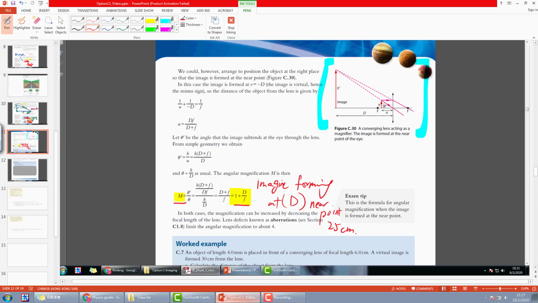So that's the only case. Then v, the image distance, equals D, but since it's a virtual image, it will be negative. By applying the thin lens formula, you may have deduced that u equals this.